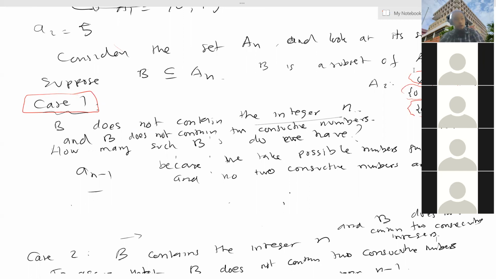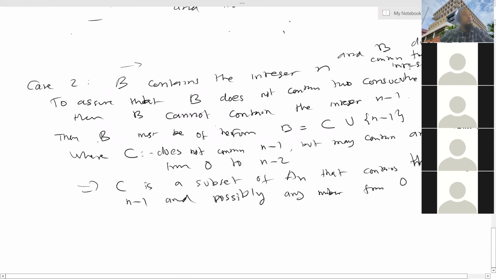So there are a_{n-1} of them. Now what about this one? Again in this case, C still must not contain 2 consecutive integers. In this case, a_{n-2} of them.